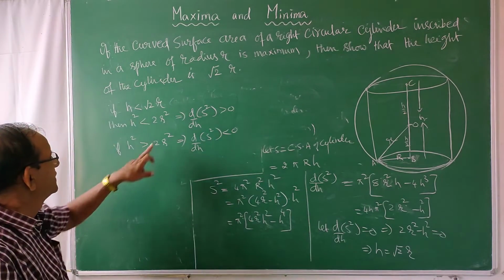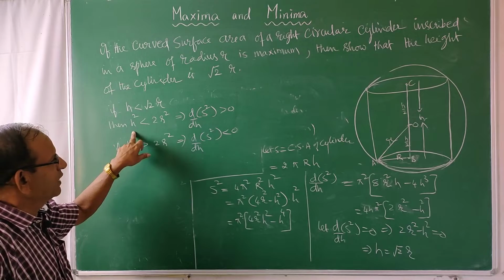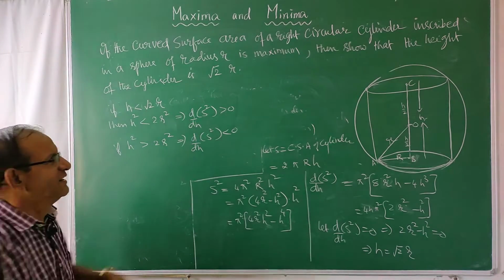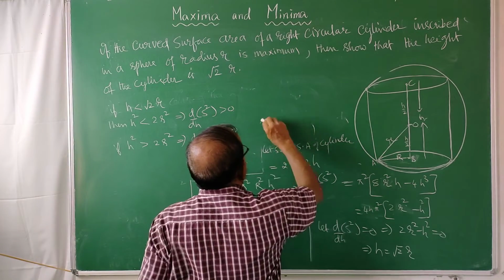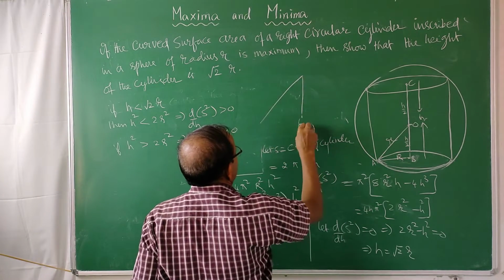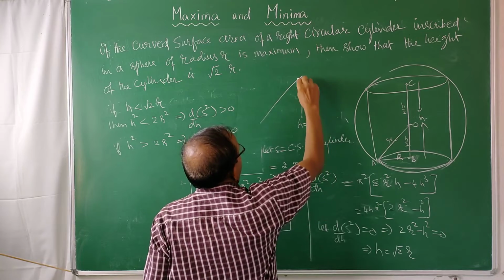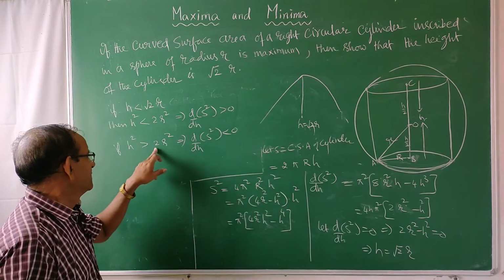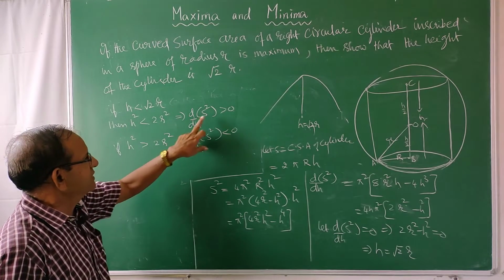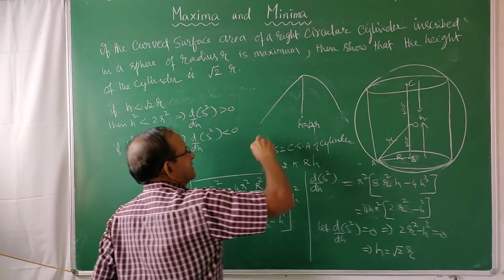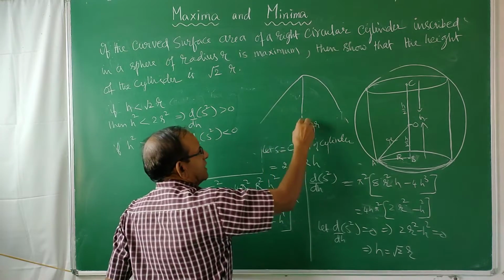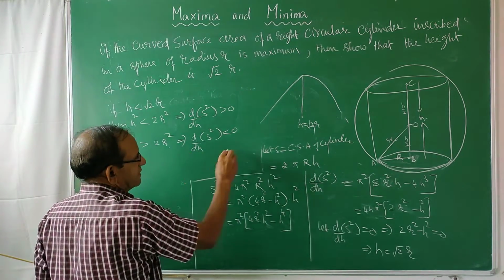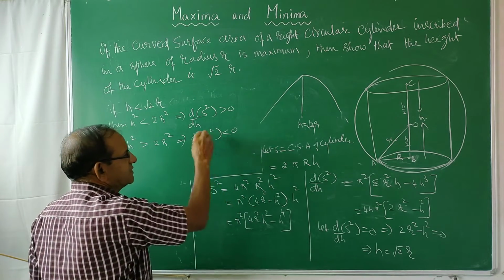That means before h is equal to root 2r, first derivative of s square is positive, means s square is increasing. Now if you draw the graph for that, s square, this is h is equal to root 2r. After that the surface area is decreasing. After root 2r, when h square is greater than 2r square, first derivative is negative.